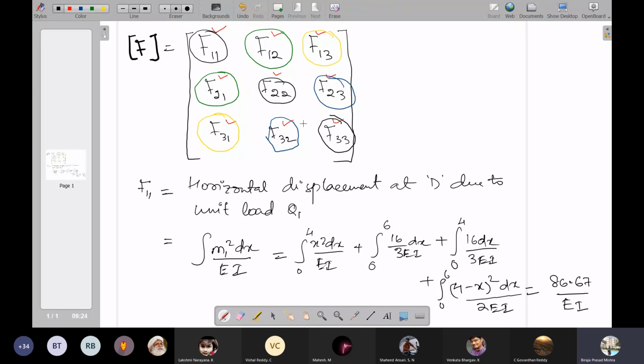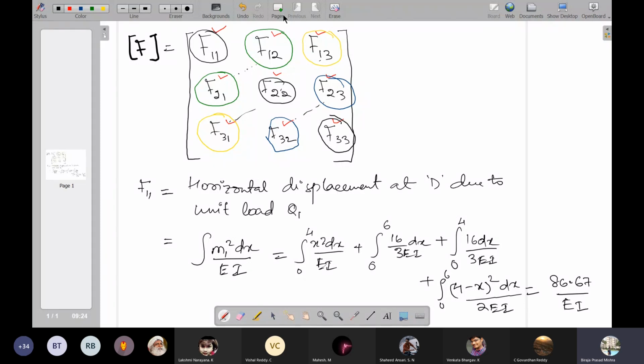For these off-diagonal pairs you have to compute only once. Okay, so please work in a smart manner.